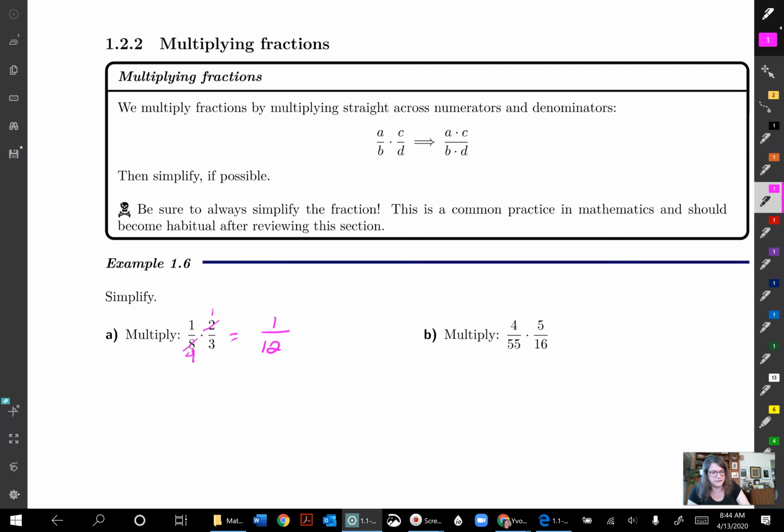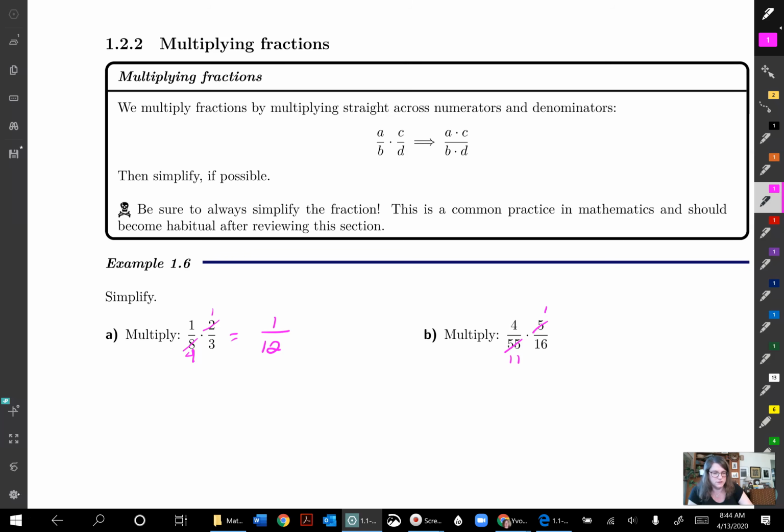So for B, 5 over 55 would be 1/11, and so it's on the diagonal. Even if I had another fraction off to the right, I could skip over as well, as long as they're being multiplied.